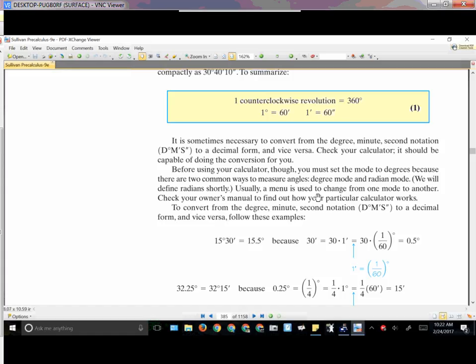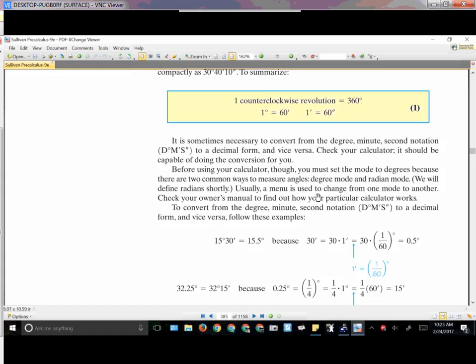You will be given information that's put in terms of degrees, minutes, seconds. Do not go and think that it's just whatever the degrees are, point this, point that. So for example, if I'm looking down here at 15 degrees, 30 minutes, 30 minutes is what of a degree?